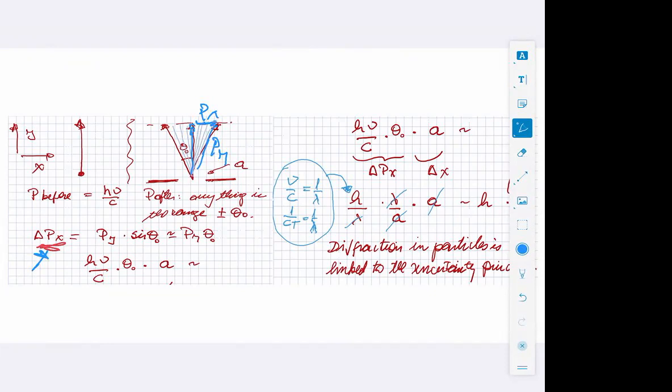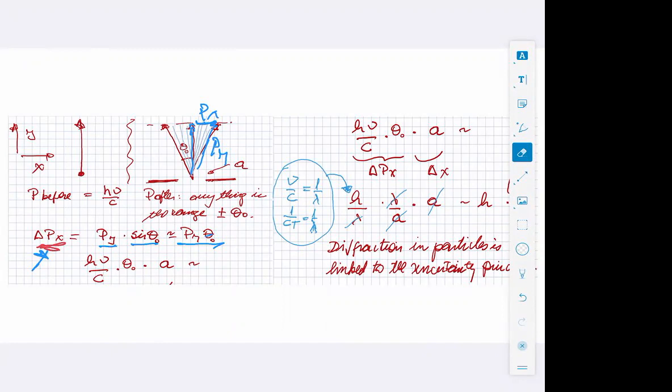For that angle, it would be sine theta naught. So that will be py times sine theta naught. Since the angle is small, I could write it as py times theta naught. This is equal to delta px.